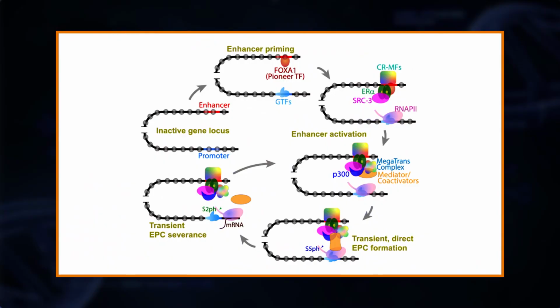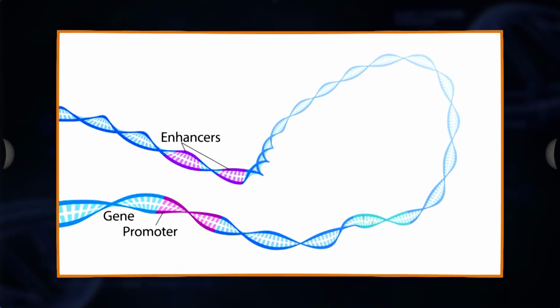Enhancer sequences do what their name suggests, that is, they act to enhance the rate at which genes are transcribed, and their effect can be quite powerful. Enhancers can be thousands of nucleotides away from the promoters with which they interact, but they are brought into proximity by the looping of the DNA.